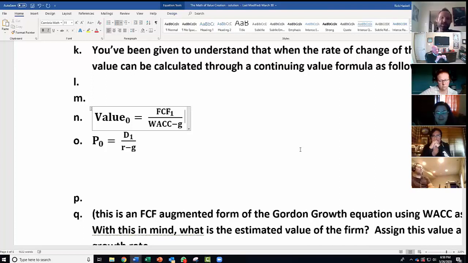It seems like somebody devised it to say, well, let's just take the 2.5, which is our expected perpetuity rate, and just lop it off, and then you have something that you don't have to continually calculate forever, basically. Yeah, part of the issue, Matt, here is that when we get out to like the 50th year or the 195th year, what's the value of FCF at time 195 divided by WACC minus G?